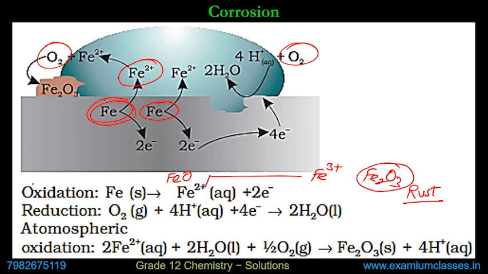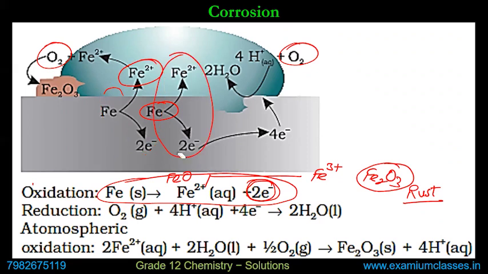During this conversion, it loses 2 electrons. When two such reactions happen, you get a total of 4 electrons. These 4 electrons are used for reduction. So this is basically a redox reaction; oxidation and reduction both are taking place. So corrosion is a redox reaction. These 4 electrons are used by atmospheric oxygen and moisture.